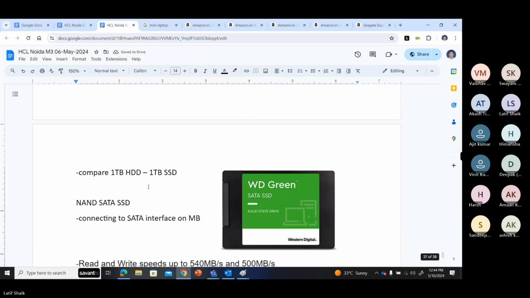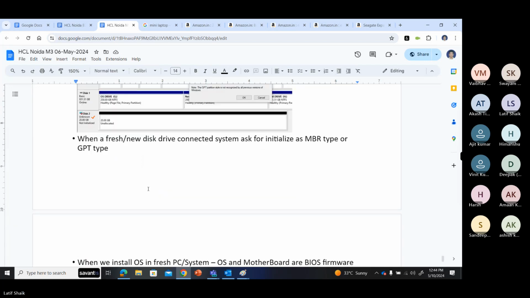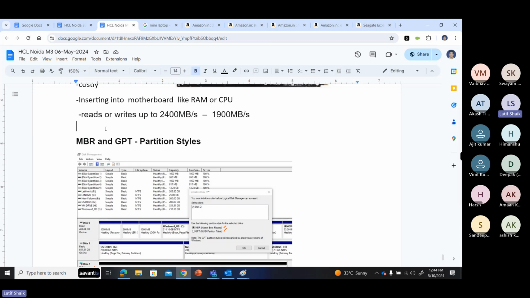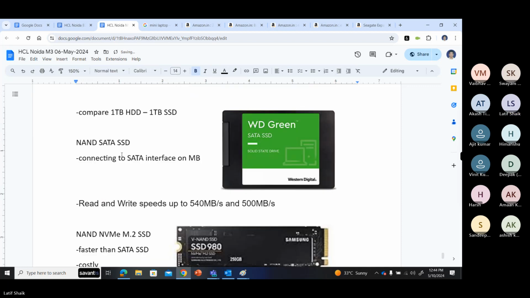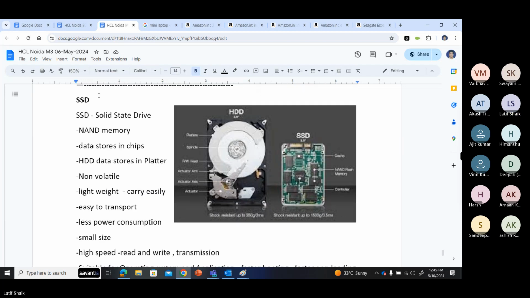And also after this one, there is a small point about MBR and GPT. It is a completely different point. Then we'll discuss boot processing tomorrow.